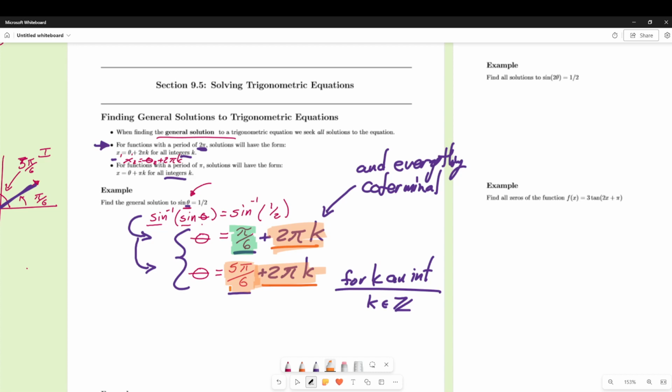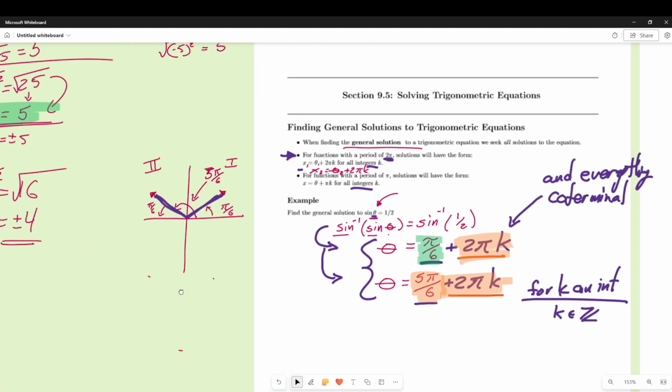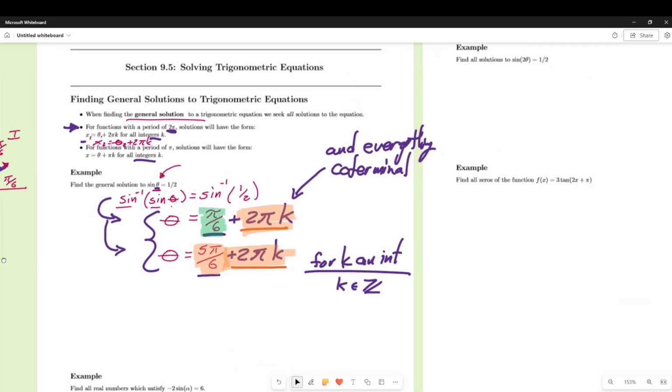But what we can do is build a function, which again means one answer, for the sine inverse within a restriction, and then when we need to undo that restriction, we understand how to do that and perform that. Again, similar to how we handle even indexed radicals, like square roots.